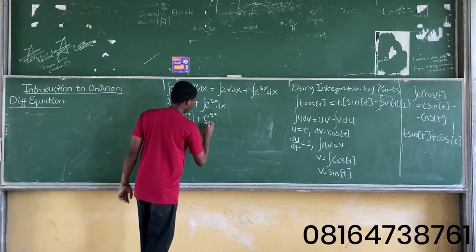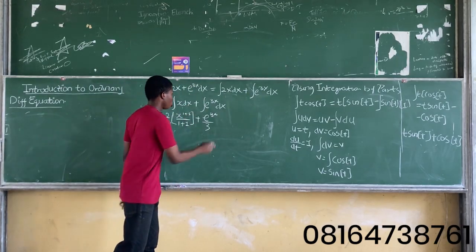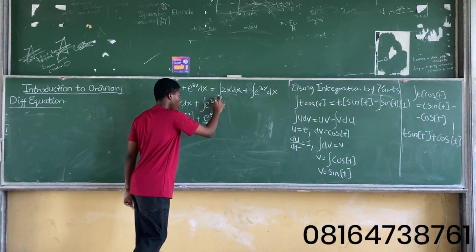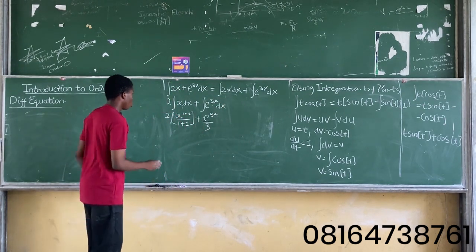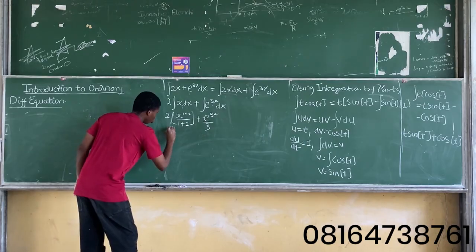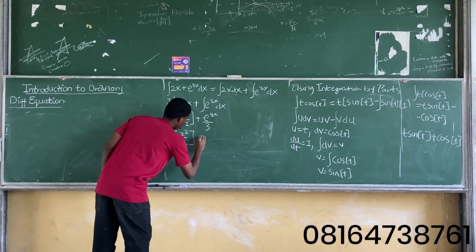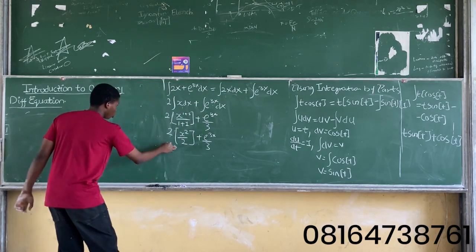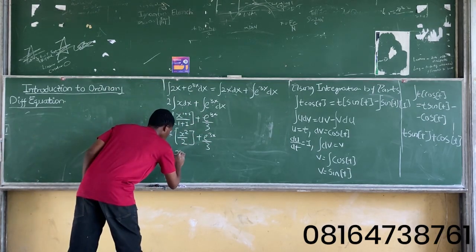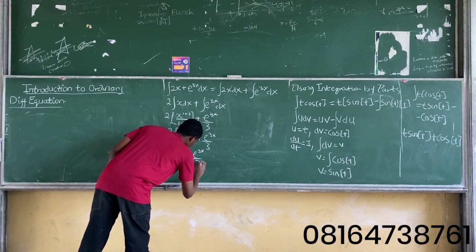Divided by 3. If you have this kind of exponent, you basically differentiate the power and divide by what you have differentiated. Let's further simplify this: it's 2x squared over 2 plus e^3x divided by 3. So this 2 takes out the 2, and it's x squared plus e^3x divided by 3.